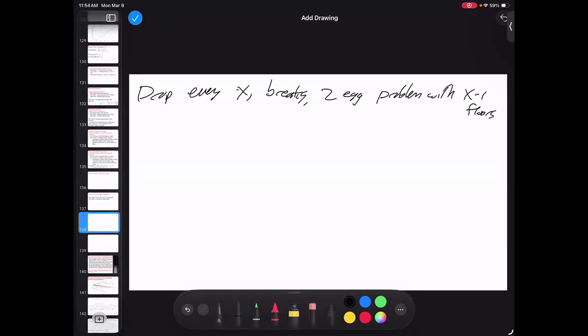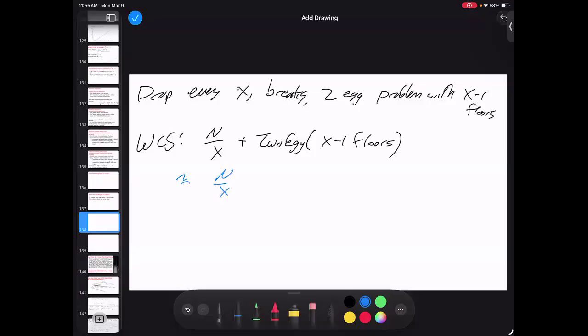So the number of steps, worst case scenario, it's going to be n over x plus 2 egg with x minus 1 floors. Is everybody comfortable with that? Well, to just make my life easier, this is basically n over x plus 2 eggs with x floors. I don't want to deal with the minus 1.